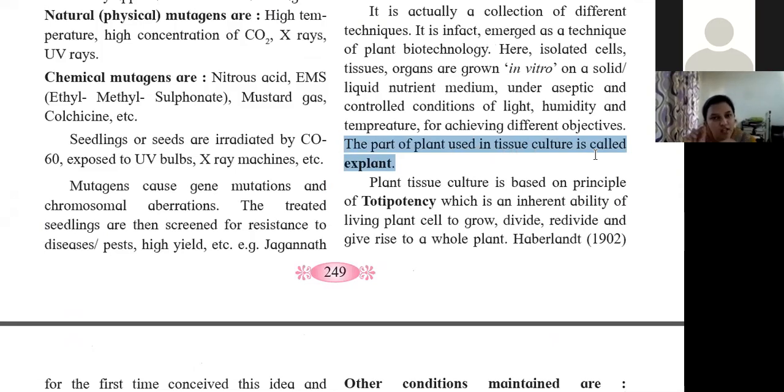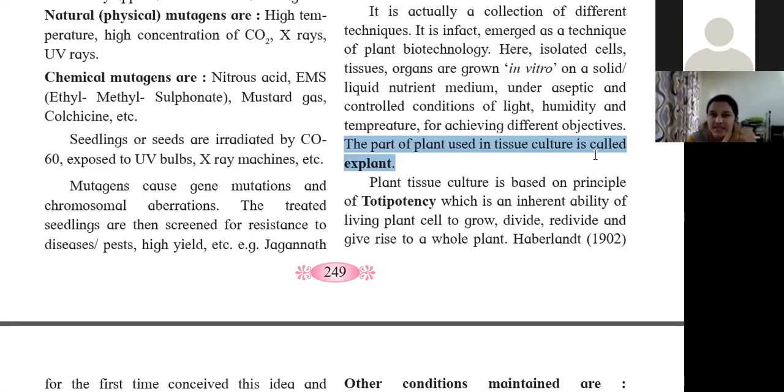एक छोटे लीफ के टुकड़े से मैं पूरा प्लांट लैबोरेटरी में डेवलप कर सकती हूँ. So that small part which I'll use, that part is called explant. एक्सप्लांट. ठीक है, क्योंकि अगर आपको न्यू प्लांट ग्रो करना है तो देर इज सम रिक्वायरमेंट कि आपके पास कुछ तो प्लांट का सेल होना चाहिए, या किसी प्लांट का कोई ऑर्गन होना चाहिए, टिश्यू होना चाहिए, राइट? सो आई विल टेक द लीफ. फॉर एग्जाम्पल, इफ आई टेक अ लीफ पार्ट, स्मॉल पार्ट ऑफ लीफ, देन it is called as the explant.